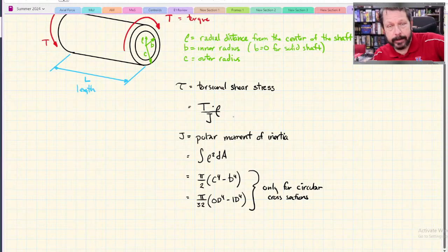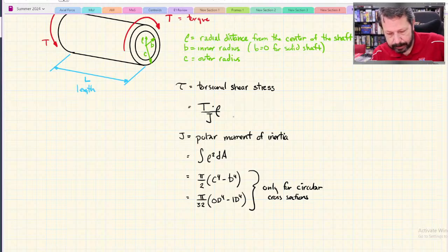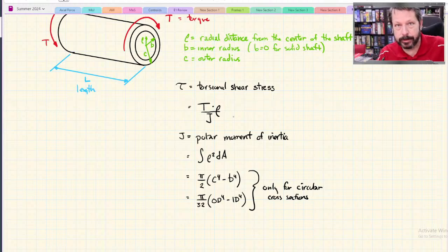If you do have a shaft that's a hexagon shape, then you'd have to go and find the polar moment of inertia for a hexagon. So these pi over 2 or pi over 32 equations are only for circles.